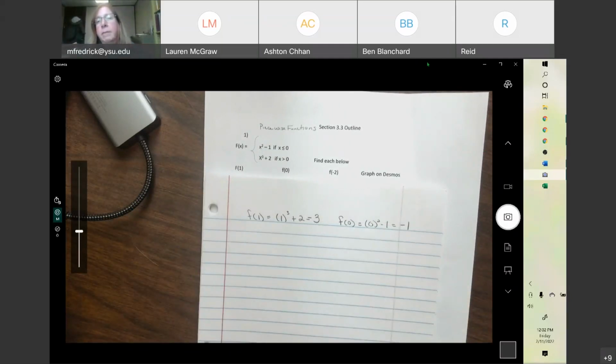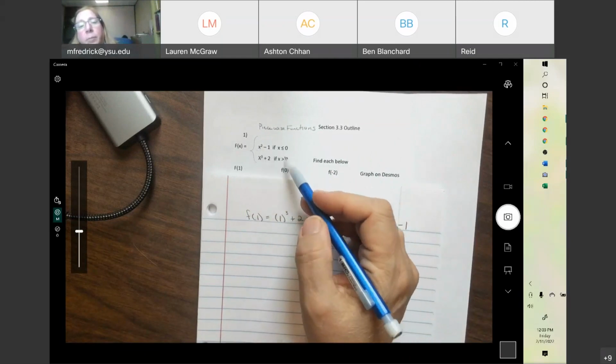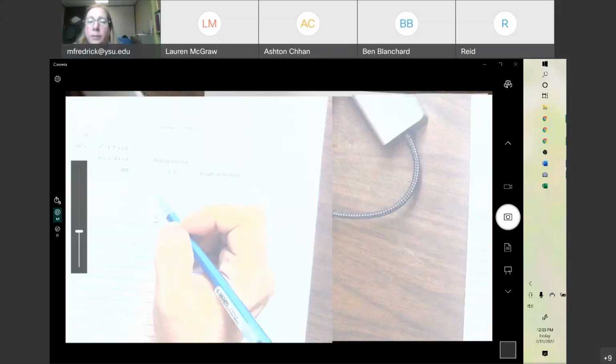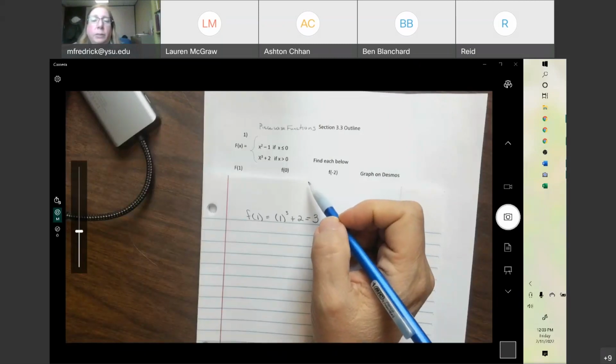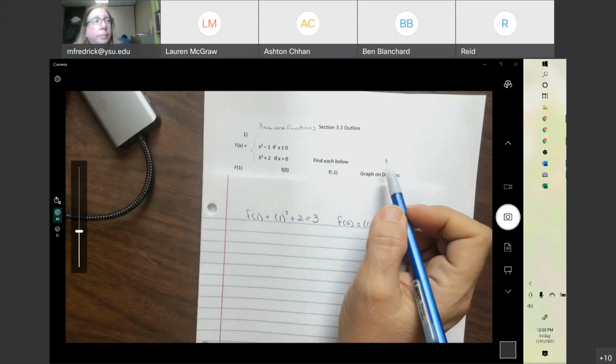Okay, go ahead and find f of negative 2. For f of negative 2, are we going to use the top line or the bottom? And you can type it in the chat if you don't want to answer. Should we use the top or the bottom?